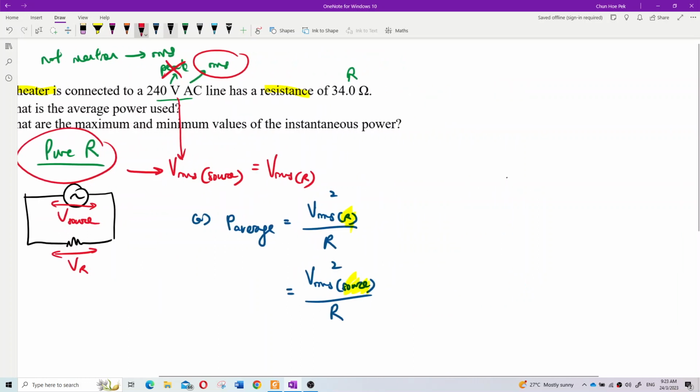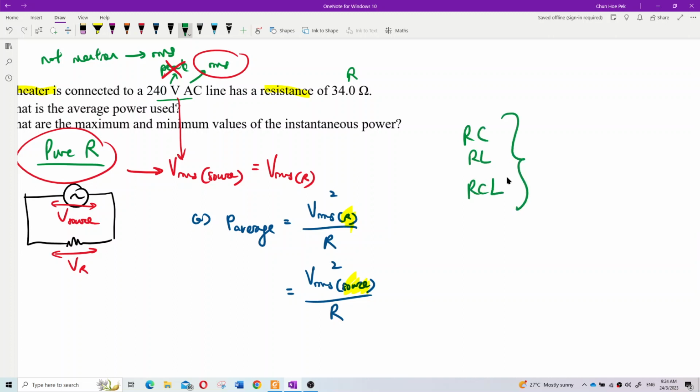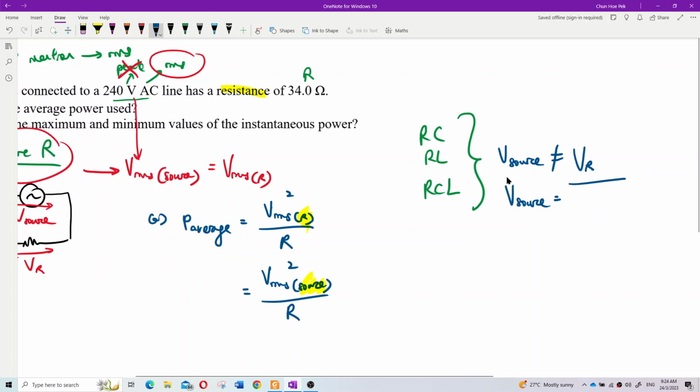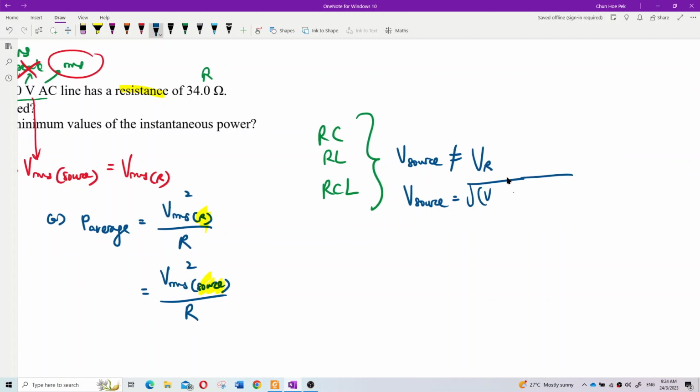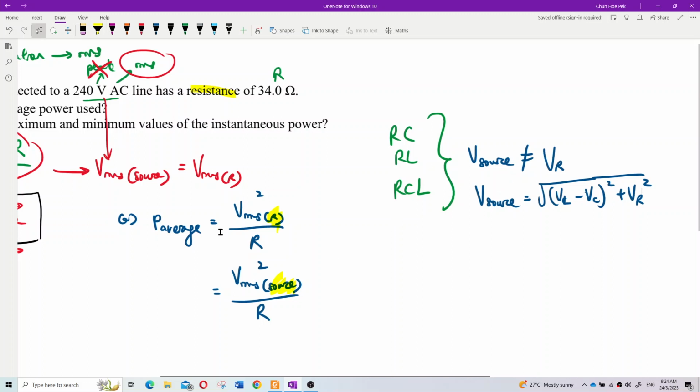For RC, RL, RCL circuits, be careful. The V source is not equal to VR. In fact, V source is equal to the Pythagoras thing, the square root of VL minus VC squared plus VR squared. So for those circuits, VR cannot be changed to V source.